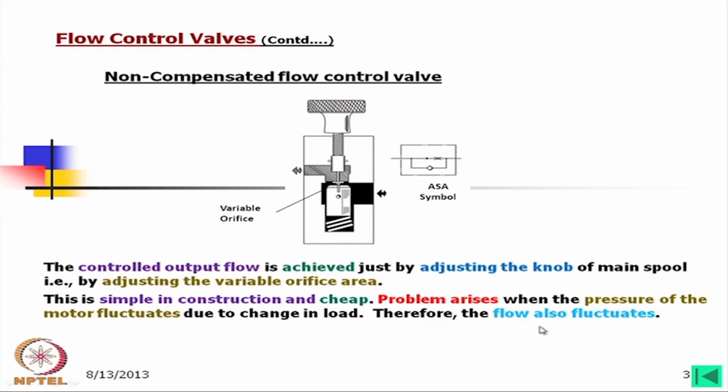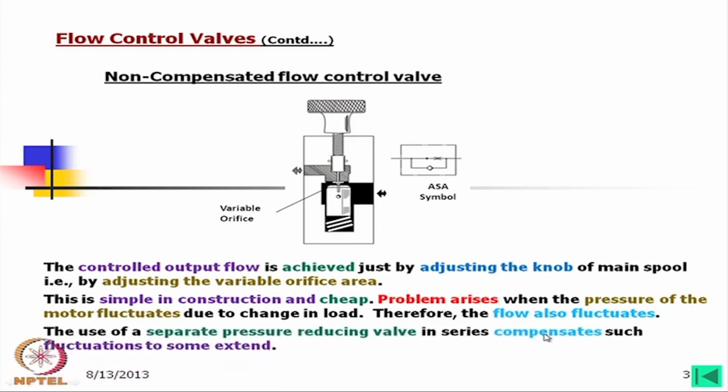Therefore, the flow also fluctuates. The use of a separate pressure reducing valve in series compensates such fluctuation to some extent. We have not yet learned what a pressure reducing valve is, we shall discuss it a little later.